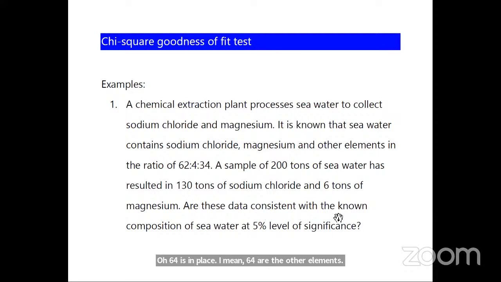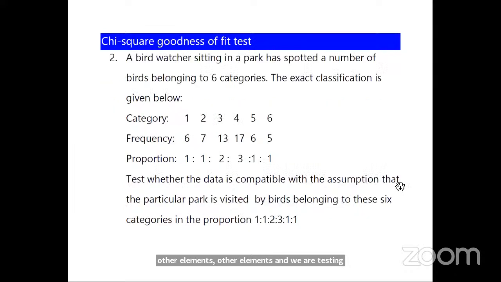So are these data consistent with the known composition of seawater at 5% level of significance, right? This is known from previous experience that it should be in this ratio, and actually we have considered 200 tons of seawater and extracted sodium chloride, magnesium, and other elements, and we are testing whether they are really in this proportion or not.